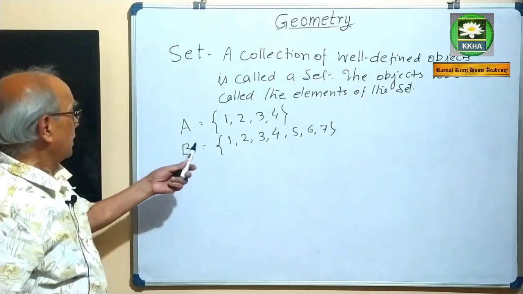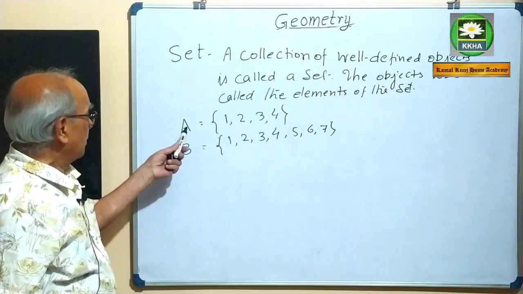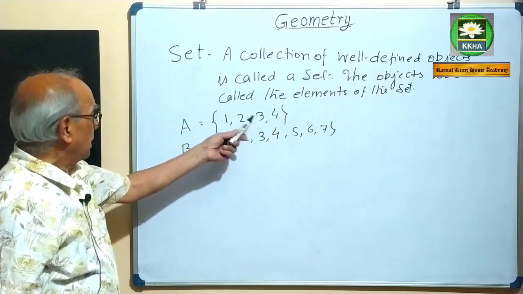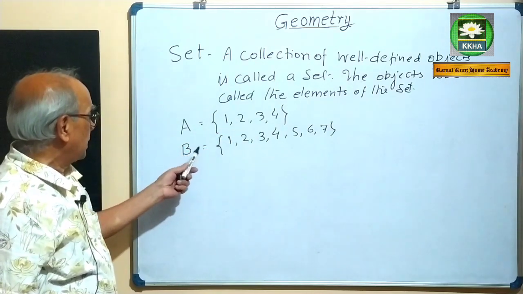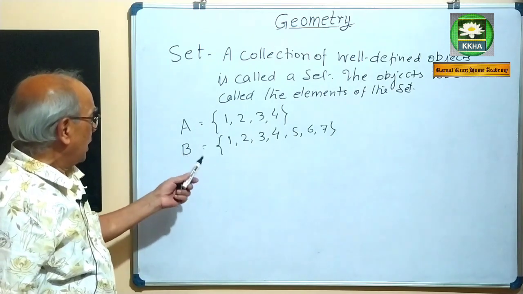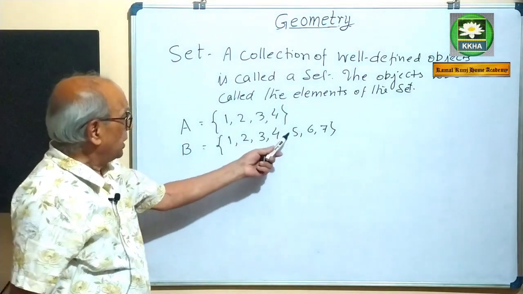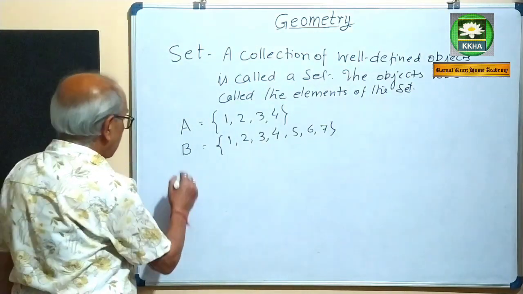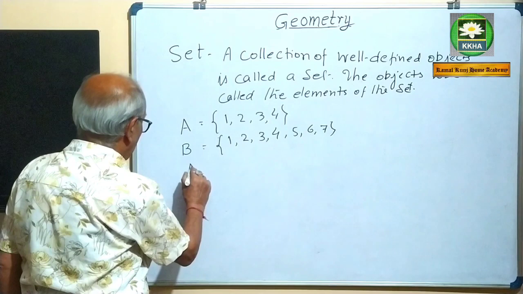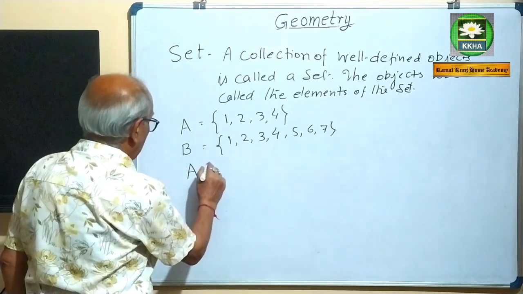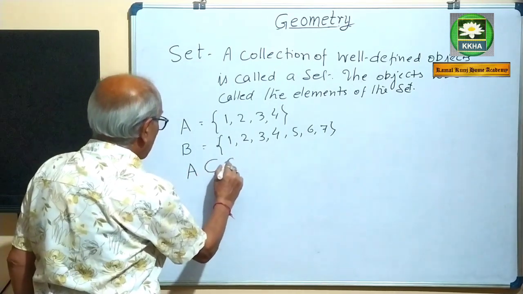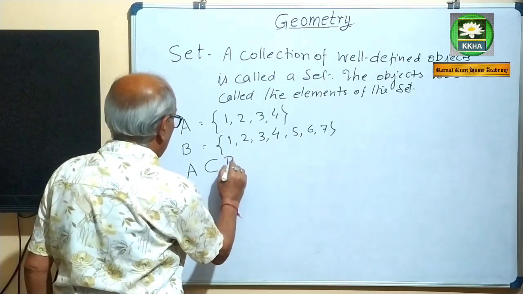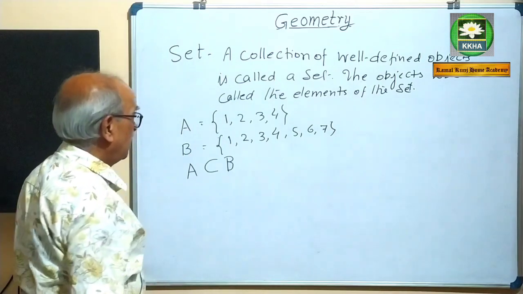Here we see that set A contains elements 1, 2, 3, 4 and these elements are also present in set B, and set B has some more elements 5, 6, 7. So in such a case set A is called a proper subset of B.